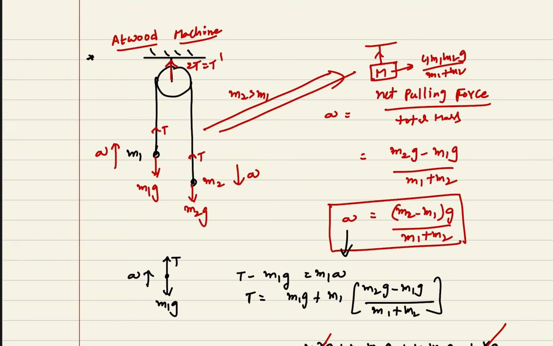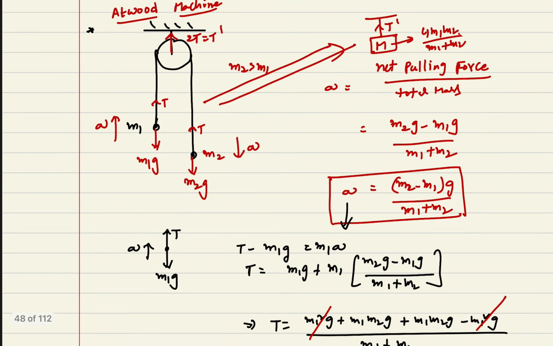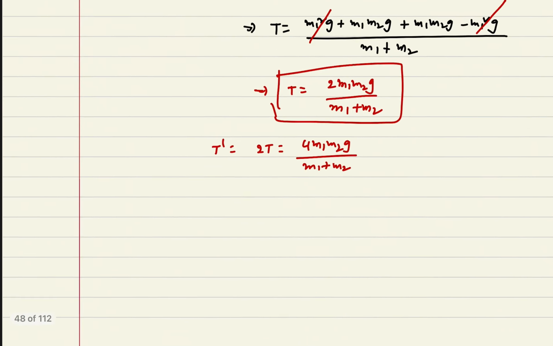This is T dash. Understand that? Sorry, g is not there in the mass. Now you can see that 4 m1 m2 by (m1 plus m2) can be replaced.